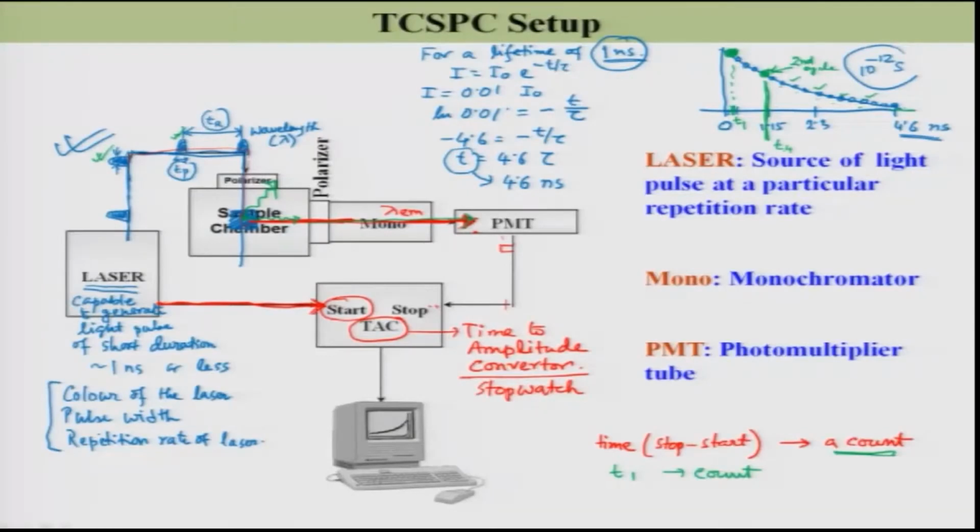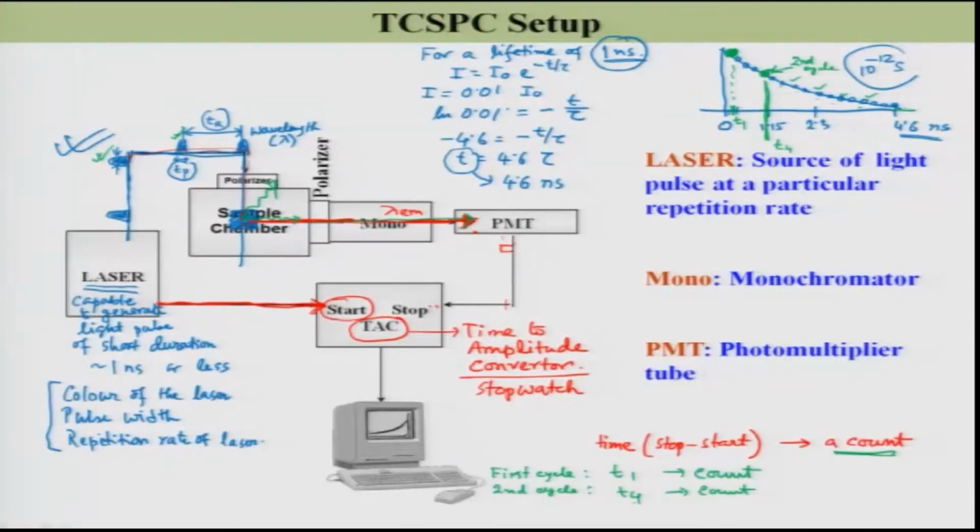So for the first cycle I got a count at time t equal to t1. For the second cycle, I got a count at time t equal to t4.